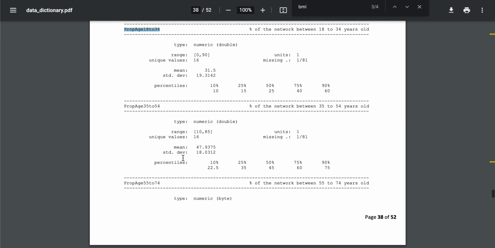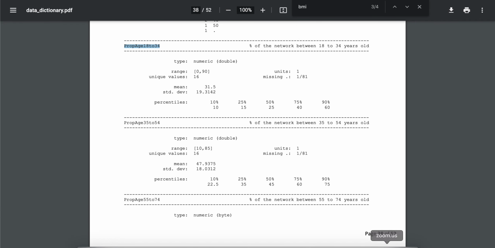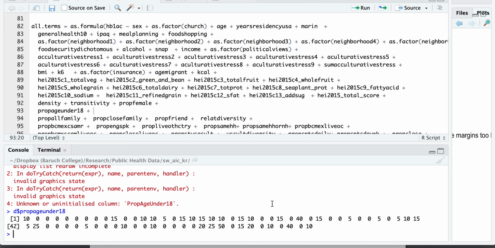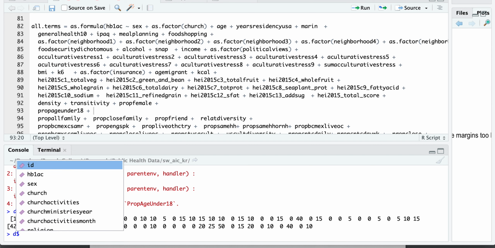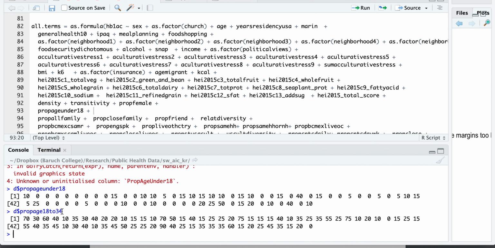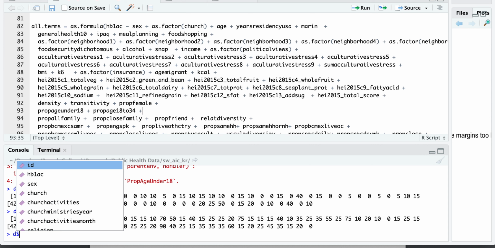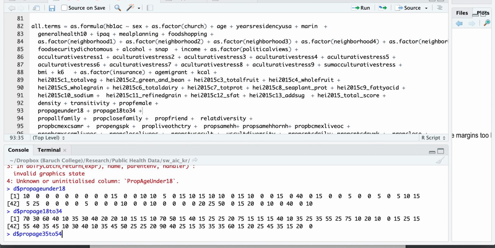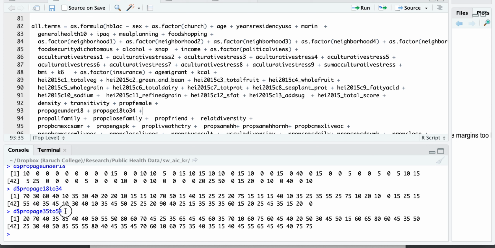Okay, so we go from 38 to, so we have the, okay, great, nothing missing here. Then we have the prop 35 to 54.